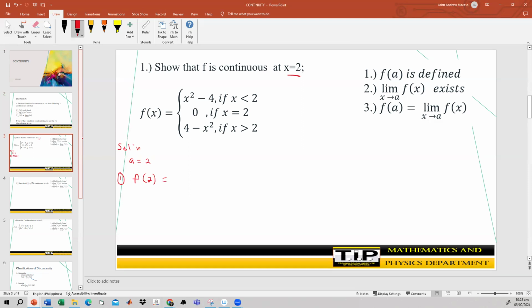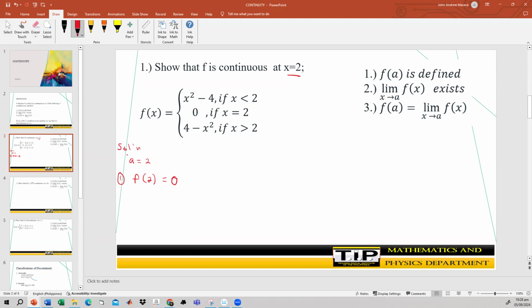Whenever x is equal to 2, it will lie on the second piecewise function. So whenever x is equal to 2, f of x becomes 0. So f of 2 will become 0.